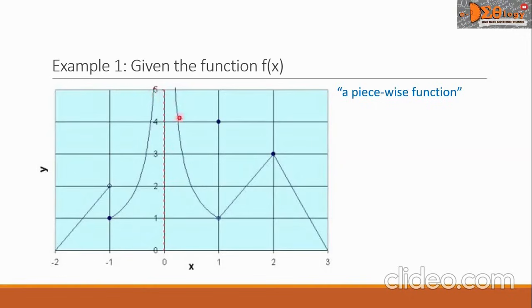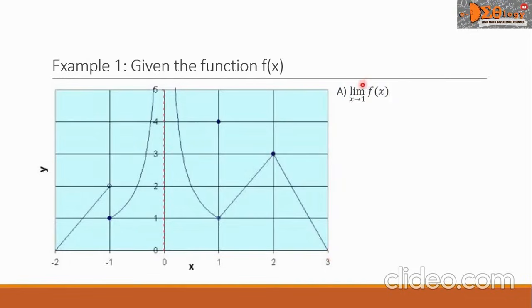Another piece of the function is this graph that goes down. It's like half of parabola also, and from here there is a hole, and part of the graph is a solid dot here. And then the graph is continued from this point up to this point, and when it reaches this point we have a solid dot that we can see, and then another line that goes down and ended when x equals 3.